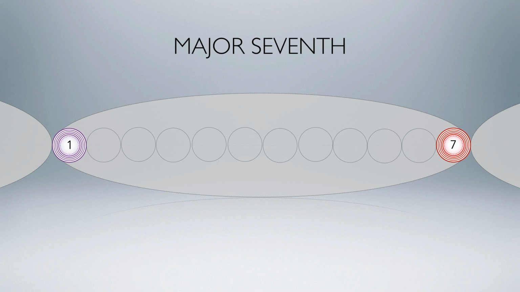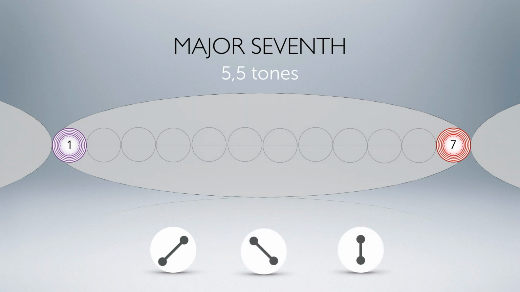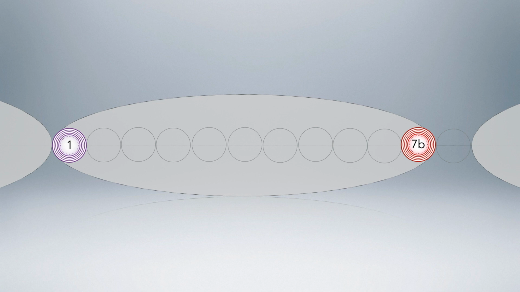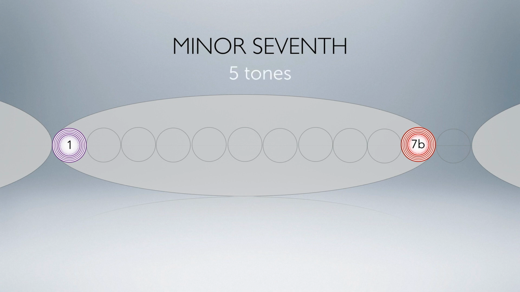This interval has a distance of 5.5 tones. The interval between the first degree and the flat seventh degree is called minor seventh. This interval has a distance of 5 tones.